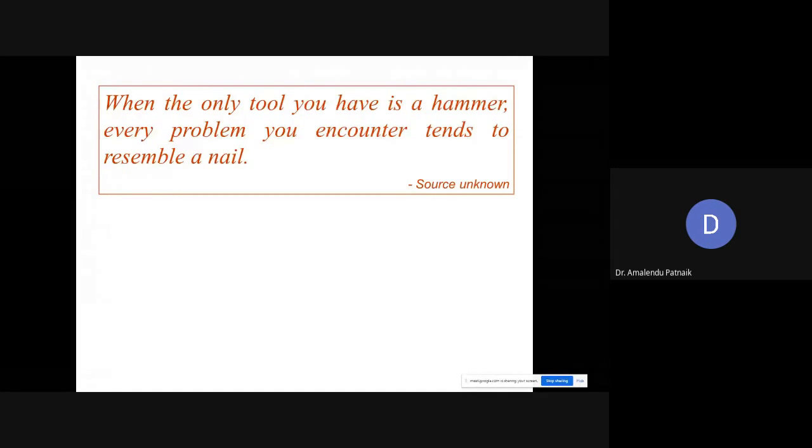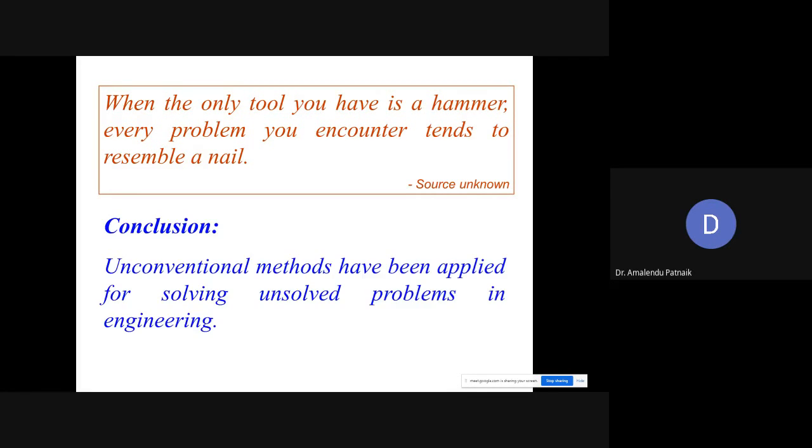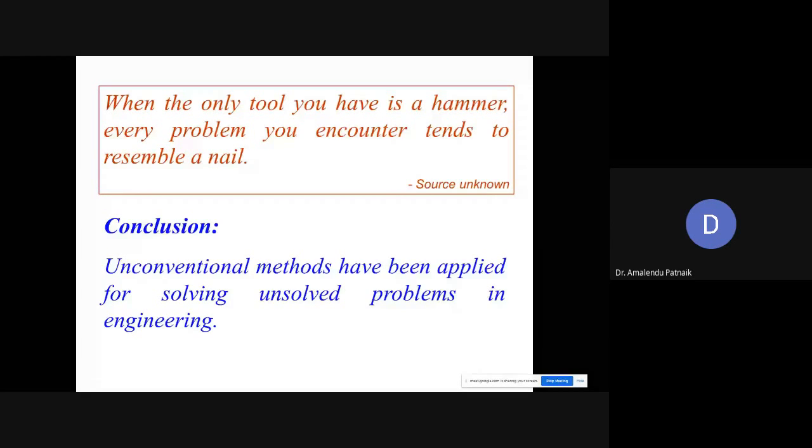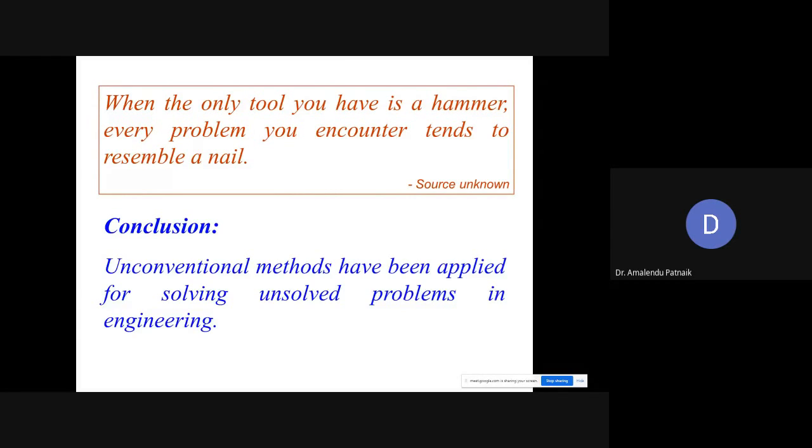When the only tool you have is a hammer, every problem you encounter tends to resemble a nail. So depending on the techniques available with you, the tools available with you, you choose those specific tools in a judicious way. It should not be like you have a technique available with you, and for every problem you go for applying that particular technique.